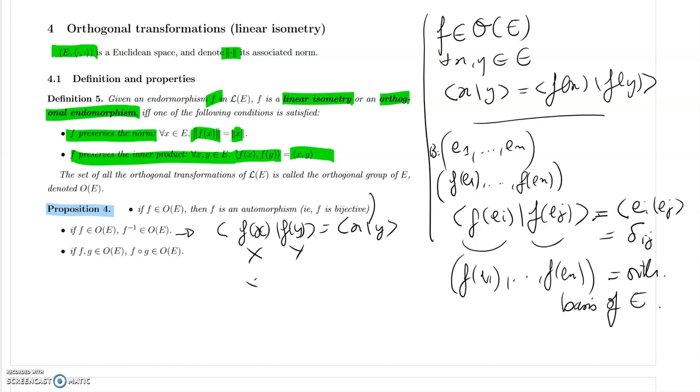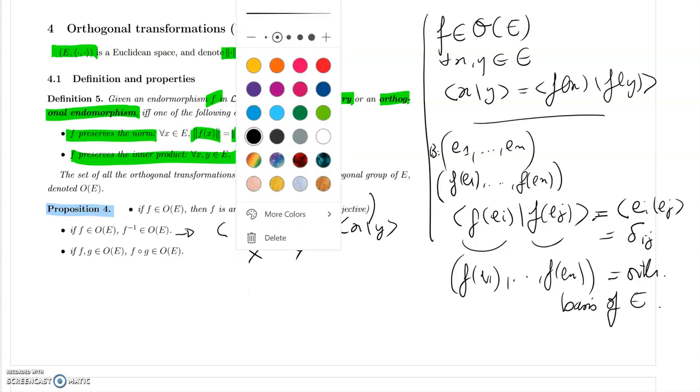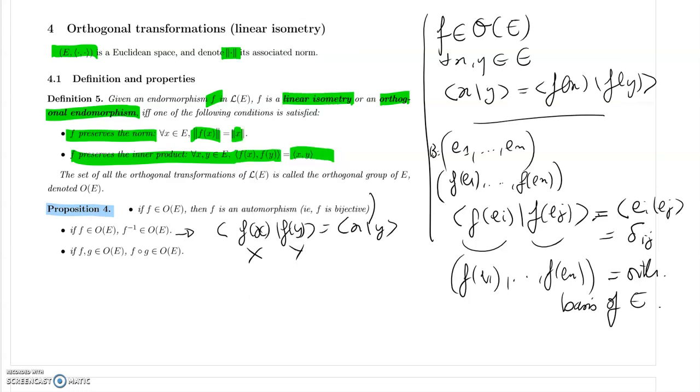You get that small x is equal to f⁻¹(capital X), and small y is equal to f⁻¹(capital Y).